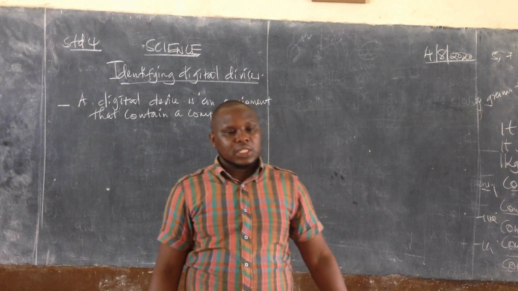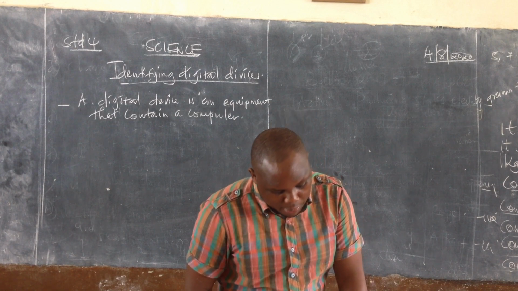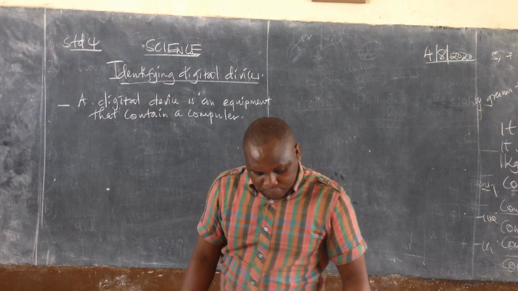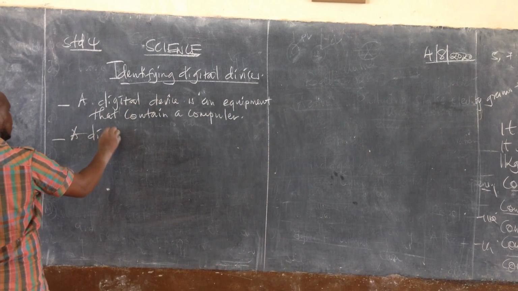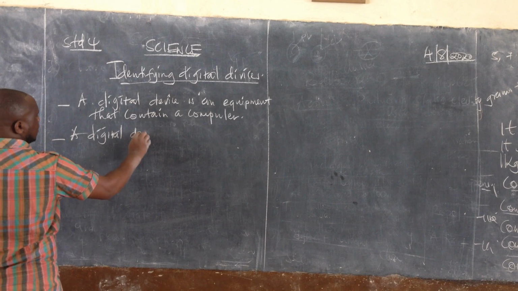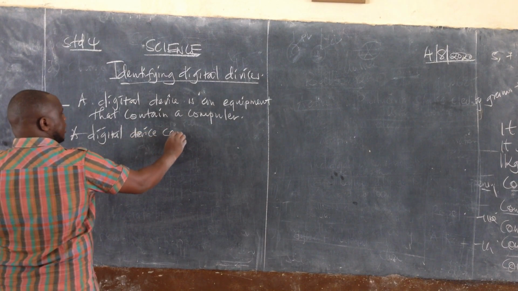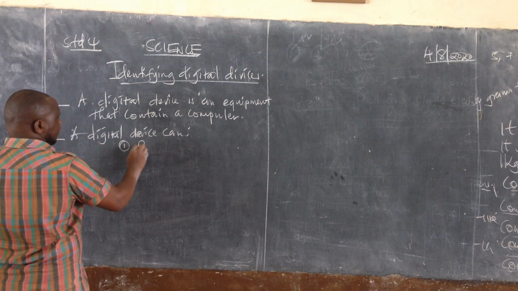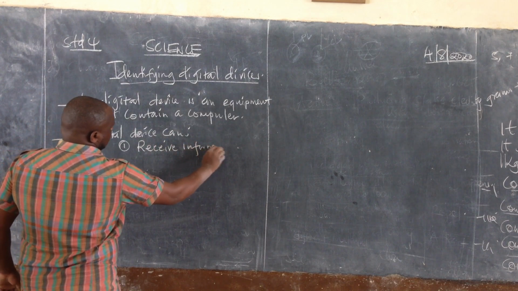Some of the functions that we'll see this digital device performing is, number one, receiving information. A digital device can receive information.